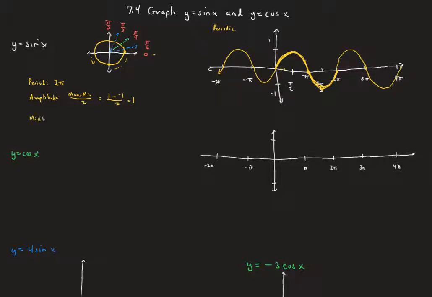The midline, that graph that cuts that periodic function right down the middle, is going to be y equals 0. We can see things we've talked about before, like domain. The domain of the sine function is all real numbers. It goes on and on forever. The range of our function just goes from -1 to +1.